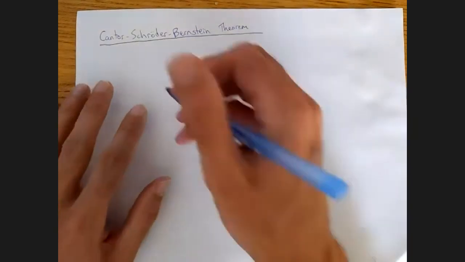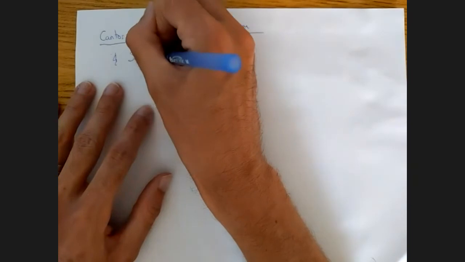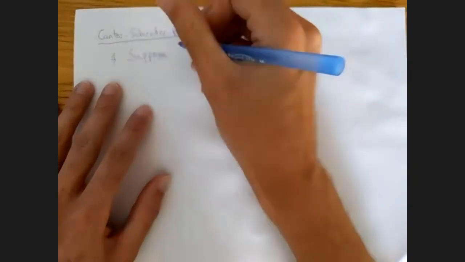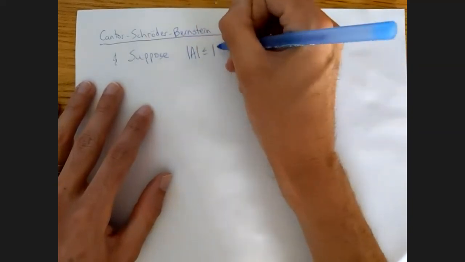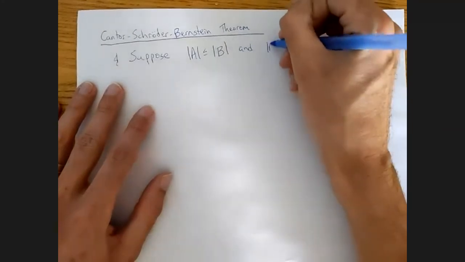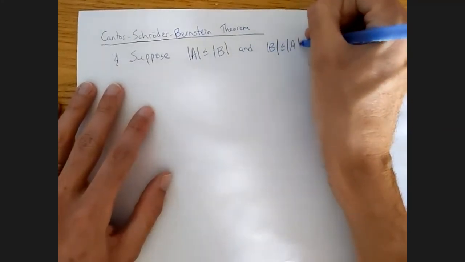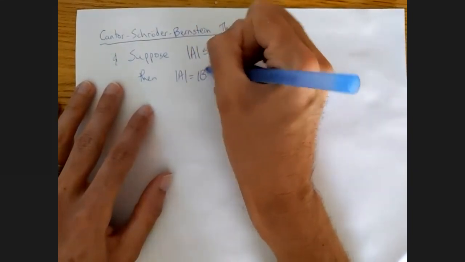What does it say? Suppose the cardinality of A is less than or equal to the cardinality of B, and the cardinality of B is less than or equal to the cardinality of A, then they actually have the same cardinality.